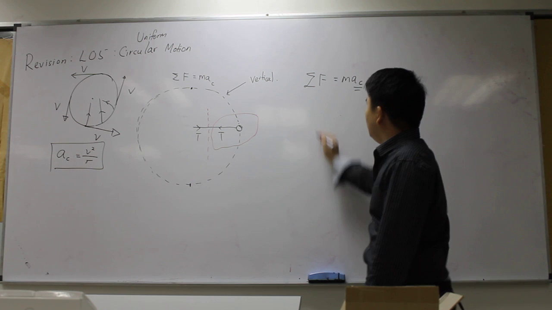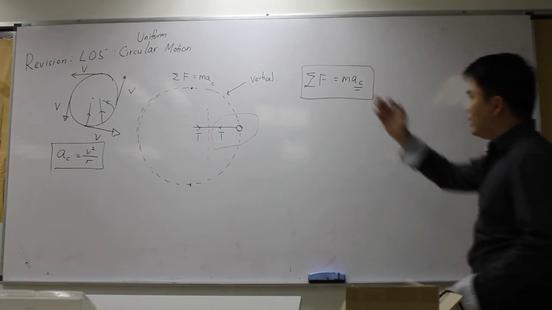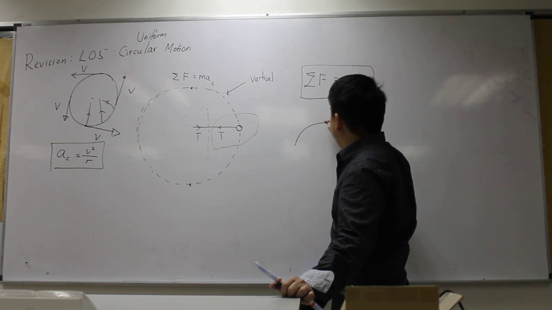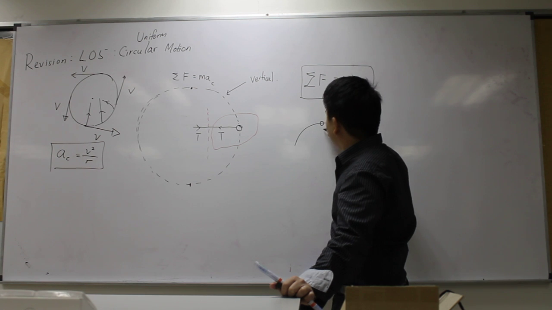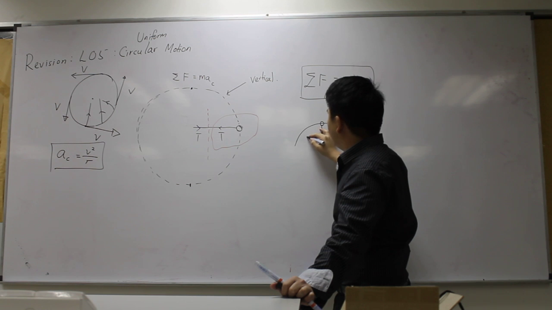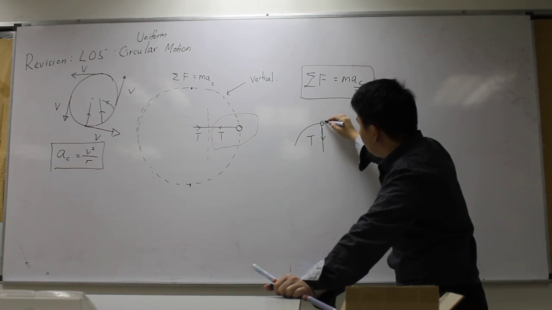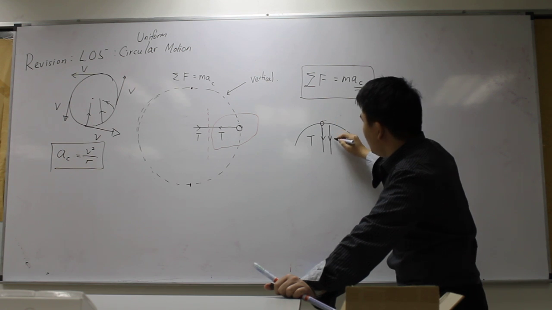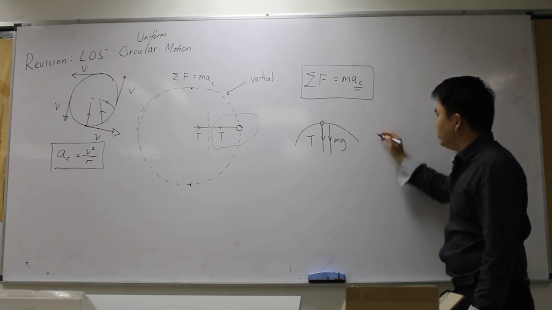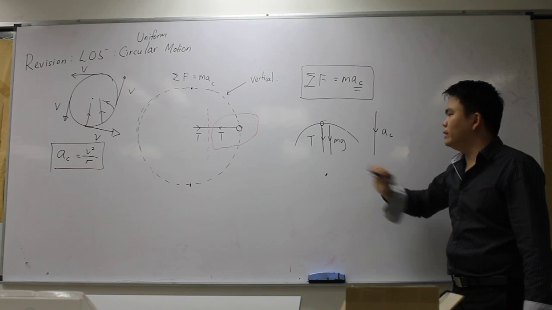Again, we still use the same thing, which is sigma F equal to m a_c. And at the top position it is something like this. Of course, there's a string, so there's a tension to bring it downward. On the other hand, this ball itself has its weight mg. Bear in mind, this is a vertical circle, and as a result the acceleration is pointing downward towards the center.